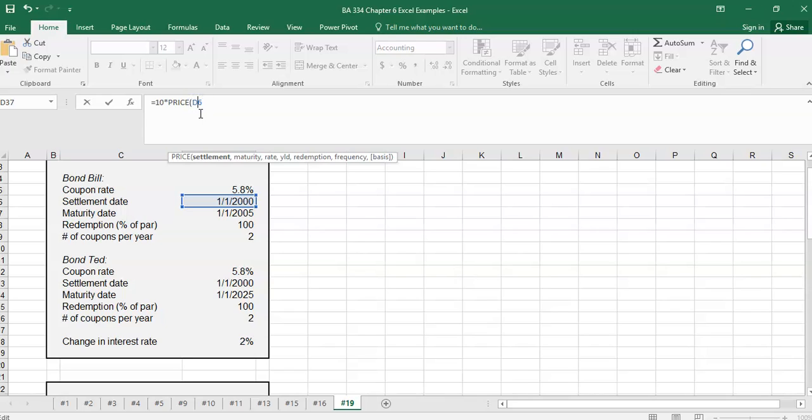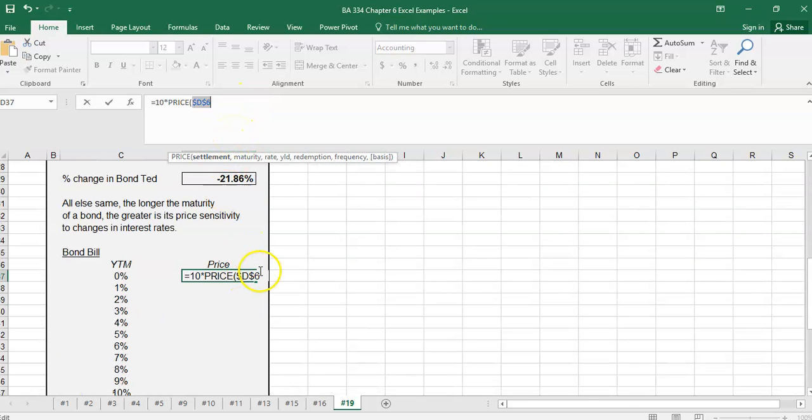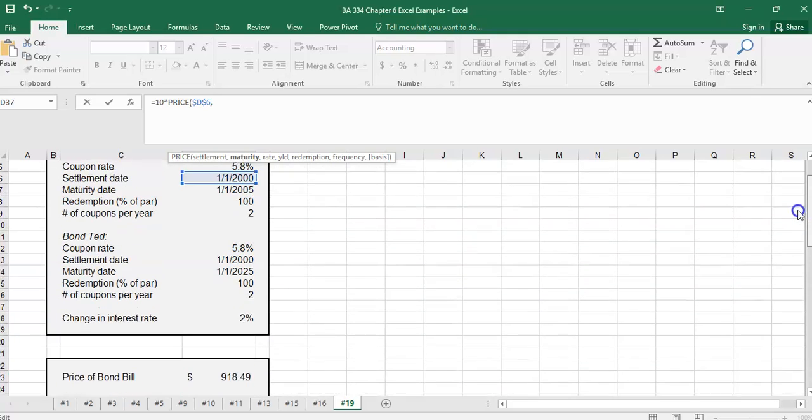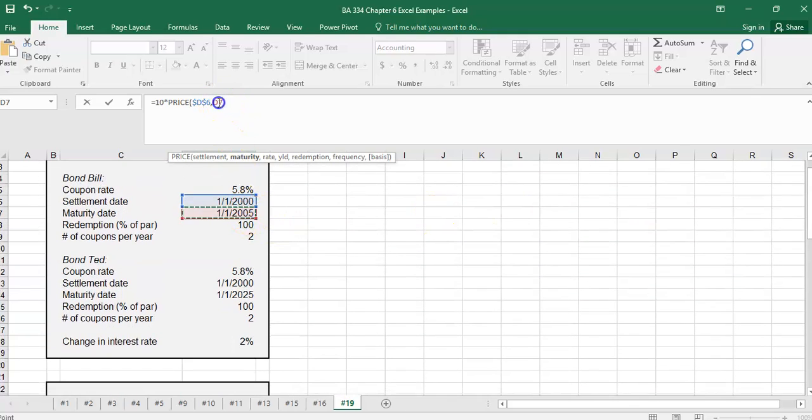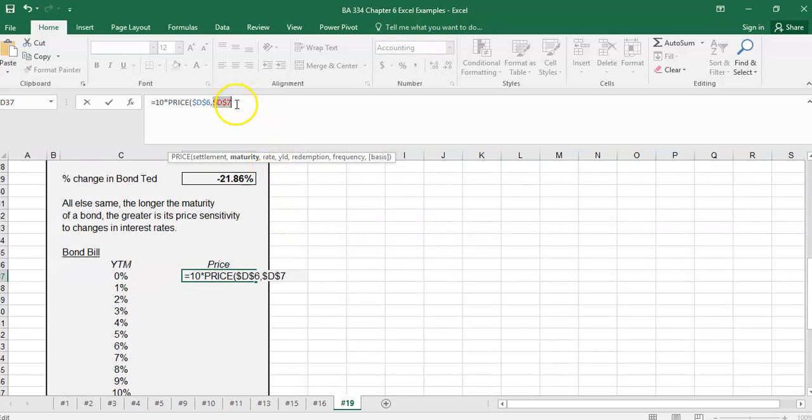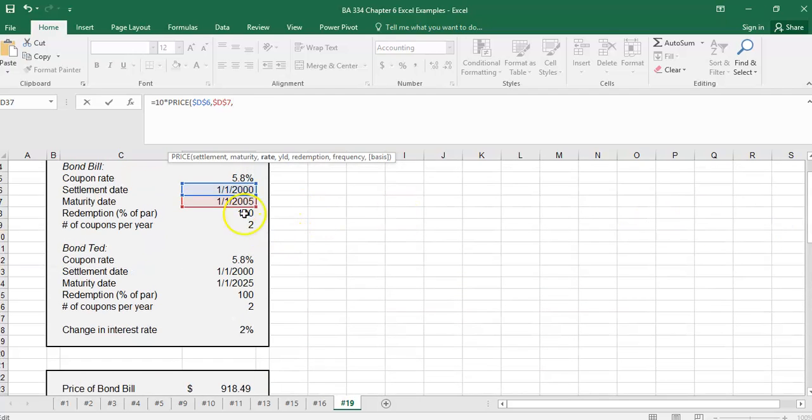We want to lock everything but the yield to maturity. So we're going to lock every cell. So the maturity date, maturity, lock that. We want our coupon rate. We want that to be locked.